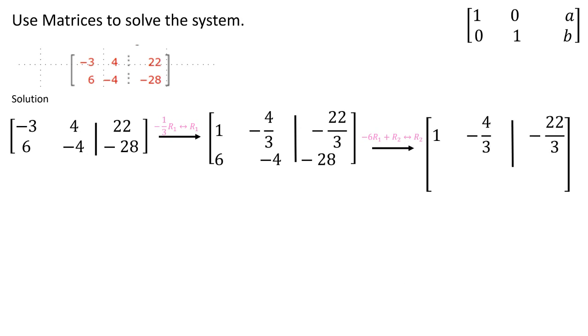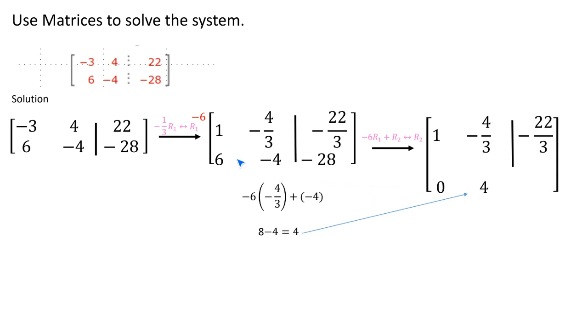Let's see that. We're not going to change row 1, so I'm just going to write it down. And then row 2, we can do the work now. We have negative 6 times 1 is negative 6 plus 6 is 0. Then go to the next one.